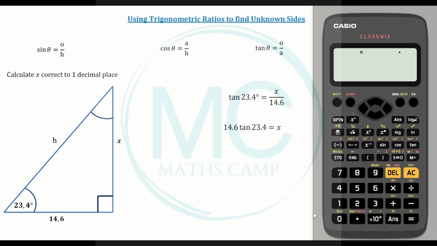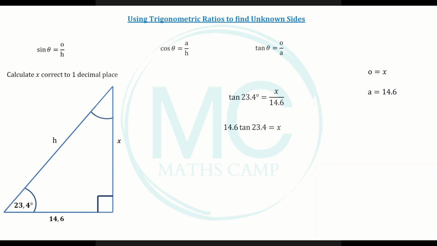Now we can take out our calculator, and we say 14.6 multiplied by tan 23.4 degrees, close the bracket, is equal to 6.317. Round off to one decimal place, and we get an answer of 6.3.